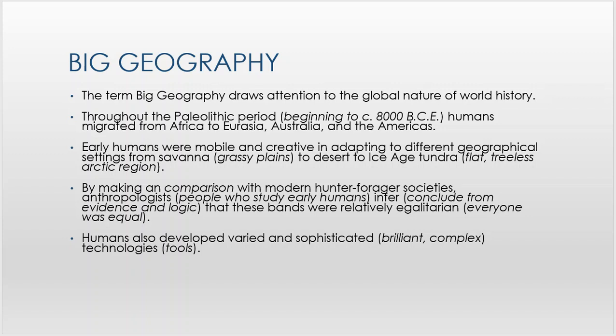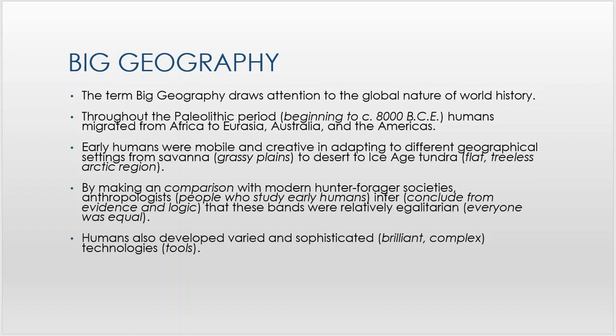Early humans were mobile, creative, and adapting to different geographical settings, from savanna to desert to ice age tundra. By making a comparison with modern hunter-forager societies, anthropologists infer that these bands were relatively egalitarian, meaning everyone is equal. That's an important word to know, people.